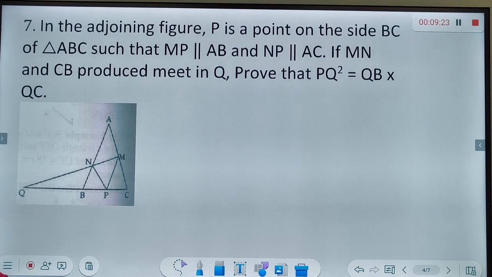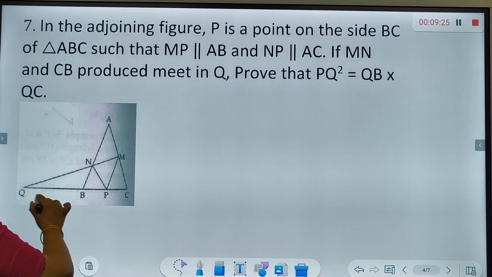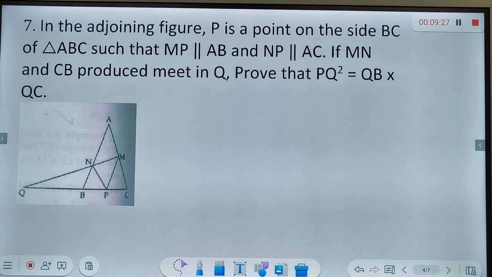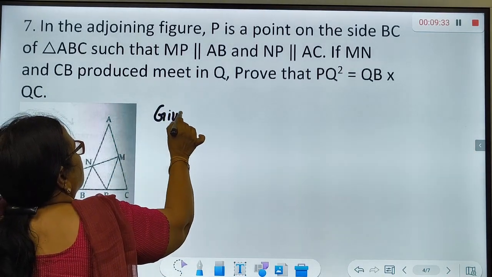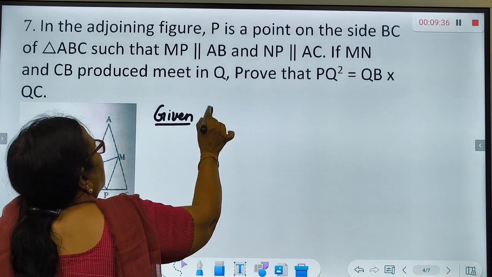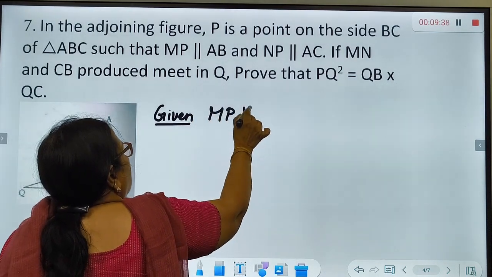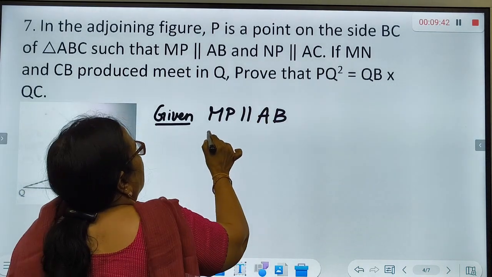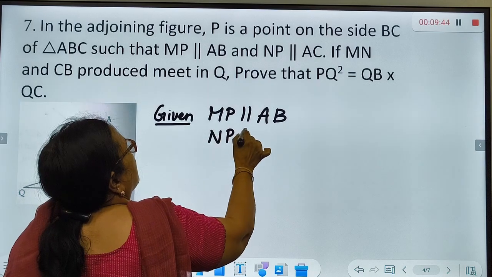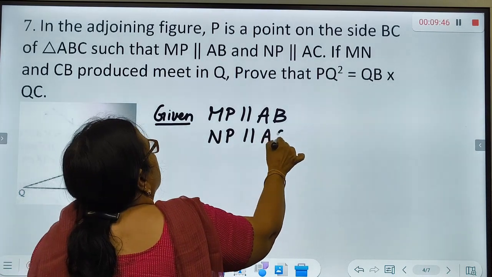Now in the adjoining figure, P is a point on the side QC of triangle ABC such that MP is parallel. So what is given? MP is parallel to AB and NP is parallel to AC.